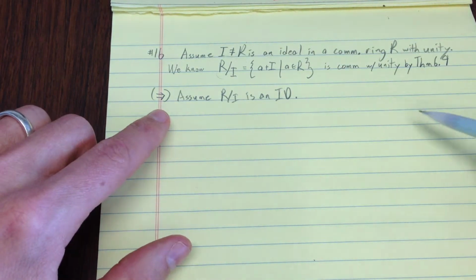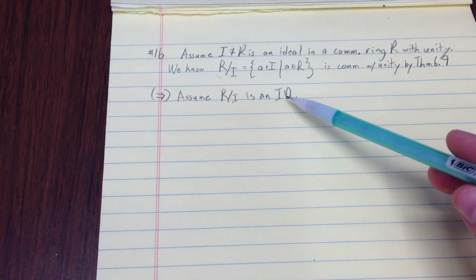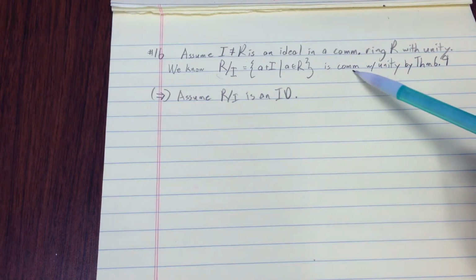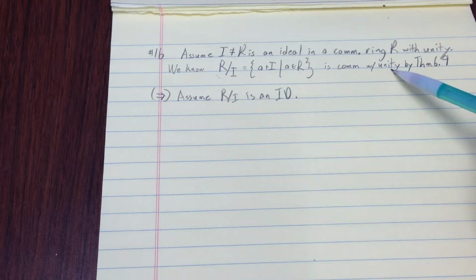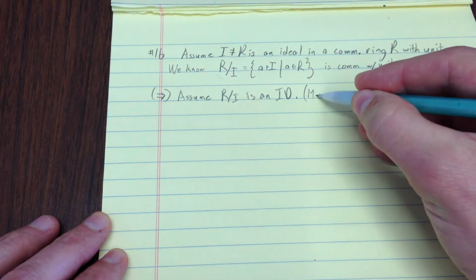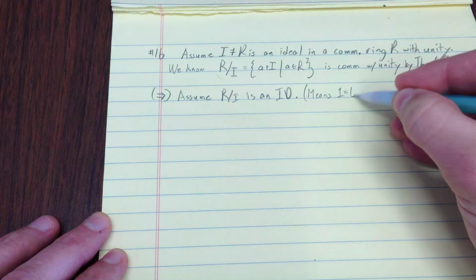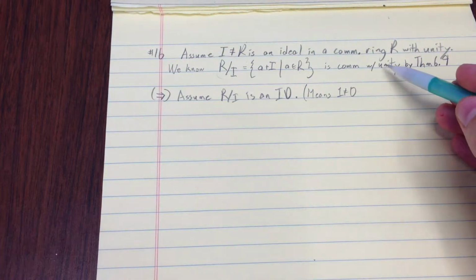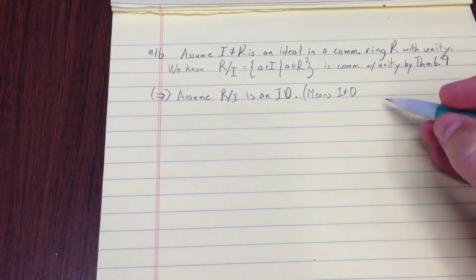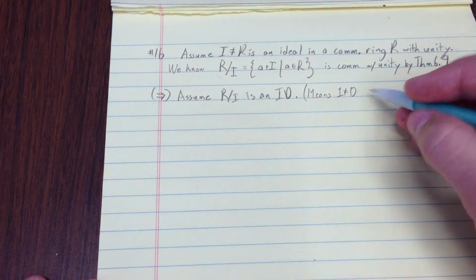Let's see. What does it take to make a ring an integral domain? Well, an integral domain is a commutative ring with unity not equal to 0. So that means that 1 is not equal to 0. The unity element is not equal to 0. It's commutative, and it has no zero divisors.